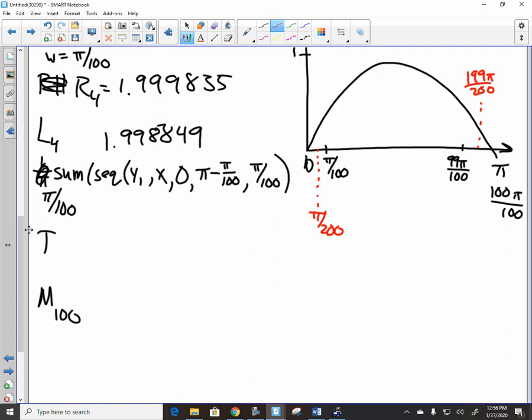I will show you so that you understand. Remember, what we do is we add them and divide by 2. What is 99 pi over 100 plus 100 pi over 100 divided by 2? Can you see how you get the 199 pi? And you see when you divide by 2, you get the 200? So there we go. We have our beginning, we have our end, don't we?